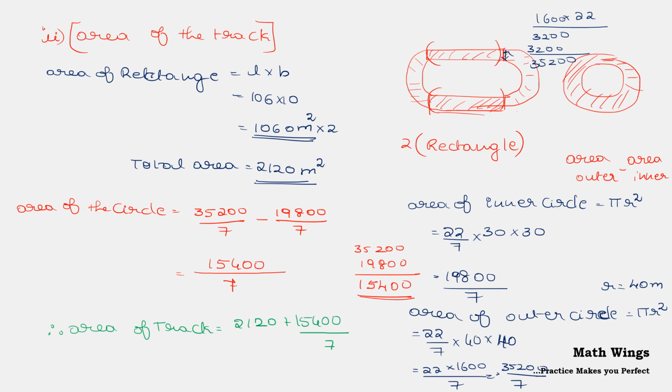Since it is the area, we can write the unit as meter square. Therefore, area of the track is equal to 15,400 divided by 7 plus 2120.